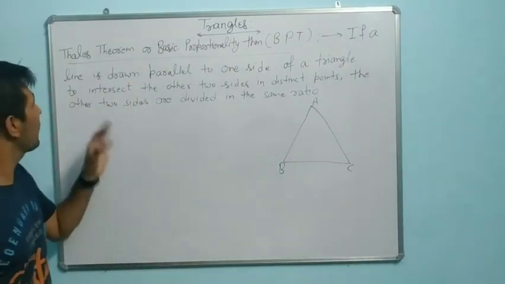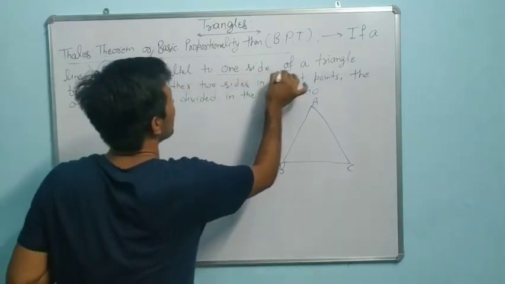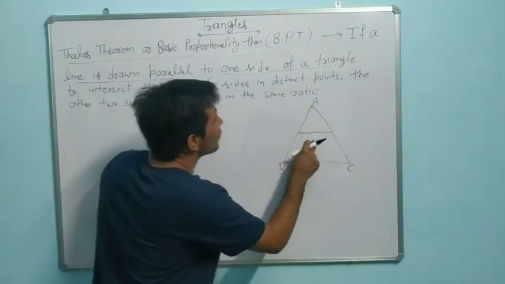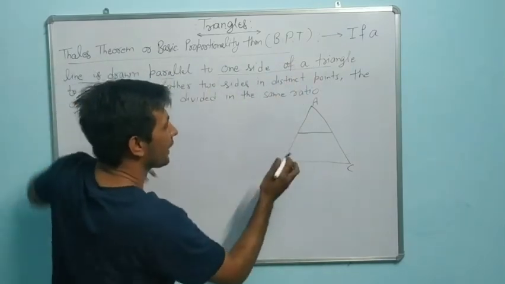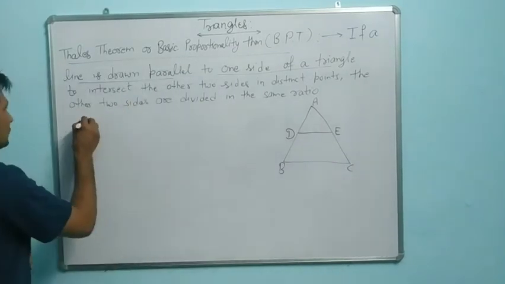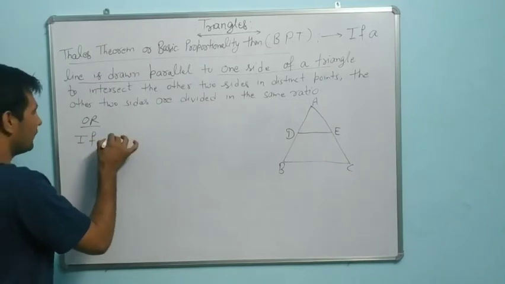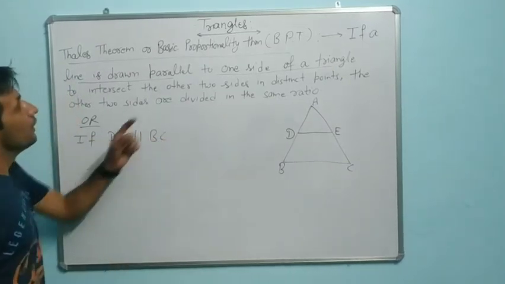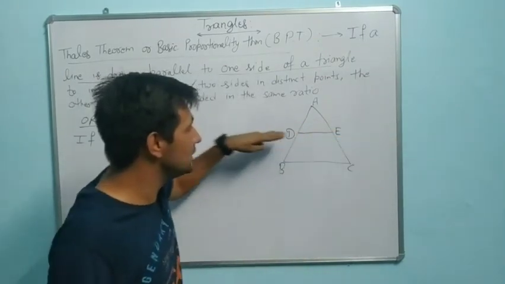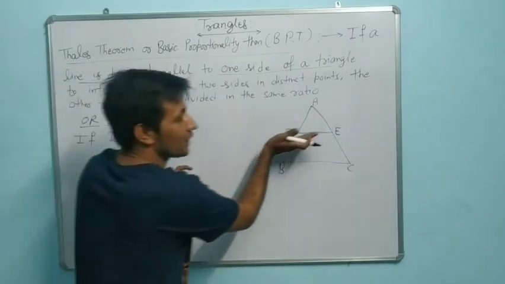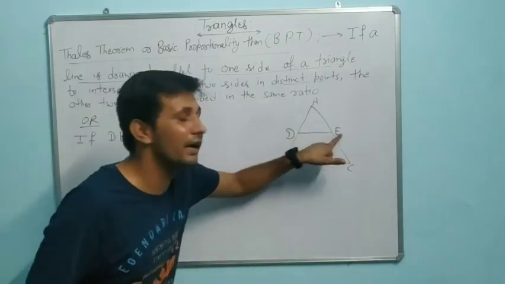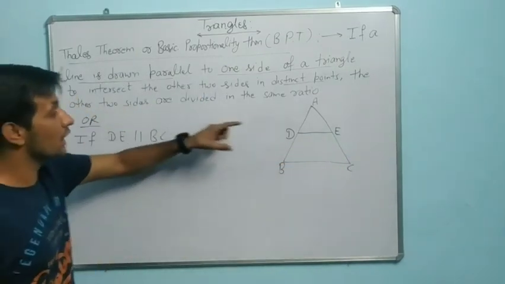What is here? If a line is drawn parallel to one side of a triangle, suppose DE is a line, parallel to BC, and it intersects the other two sides at distinct points. Distinct means dear, different points. Both are different, right? Then the other two sides.